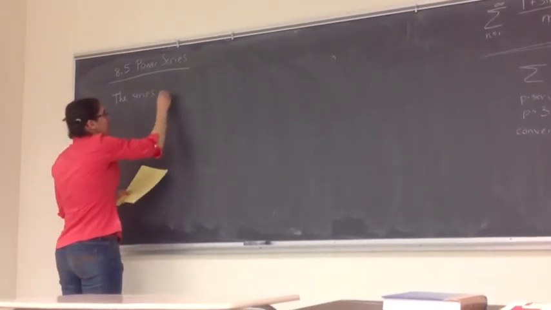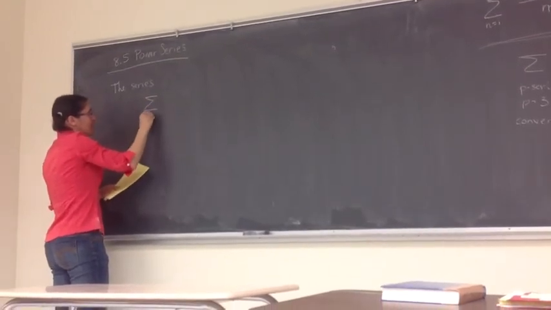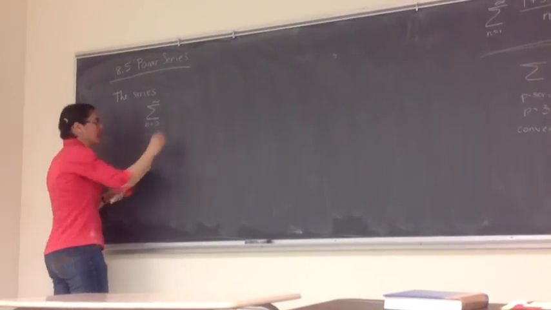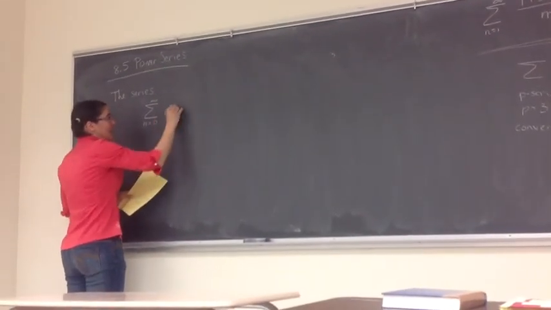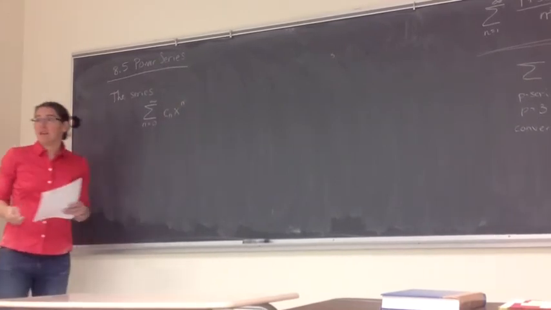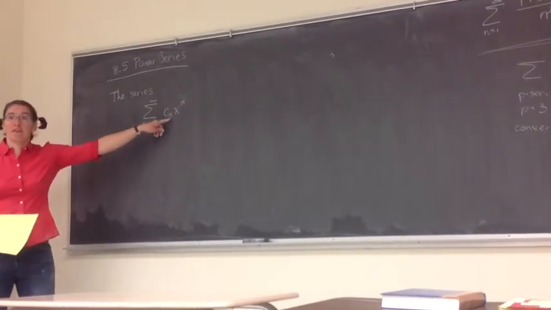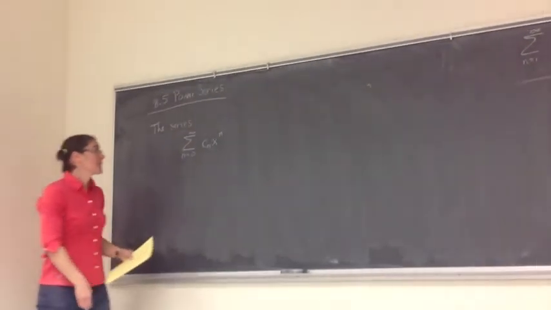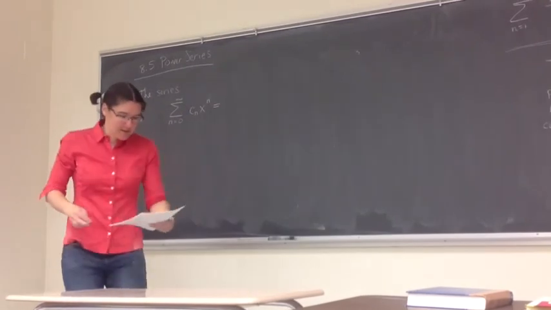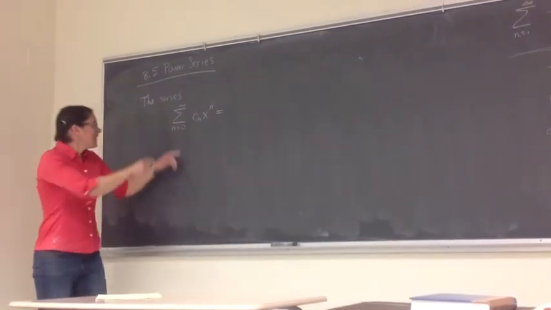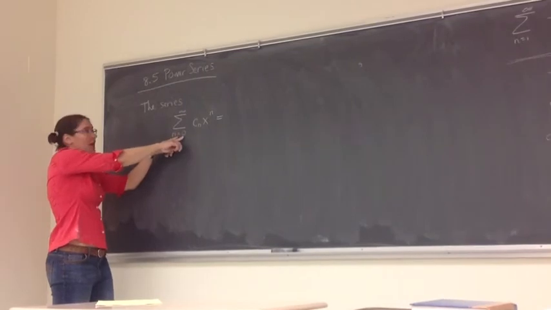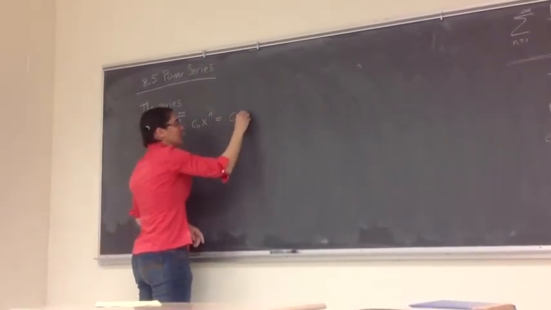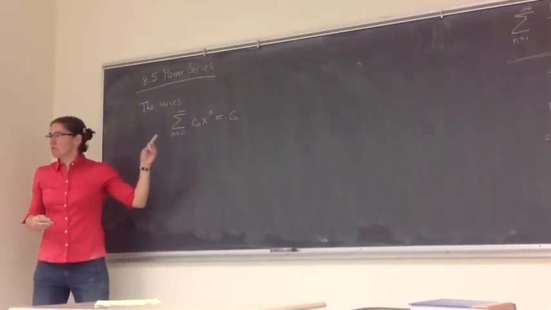And so the series given by the sum where n goes from 0 to infinity of c_n times x to the n. So check out what I have written here. I've got a c with a subscript n and an x raised to the power of n. Now, what this series says is that I'm going to start at n equals 0, and plug 0 in everywhere I see an n, so I have c_0 times x to the 0, which is 1, so I'm not going to write that.